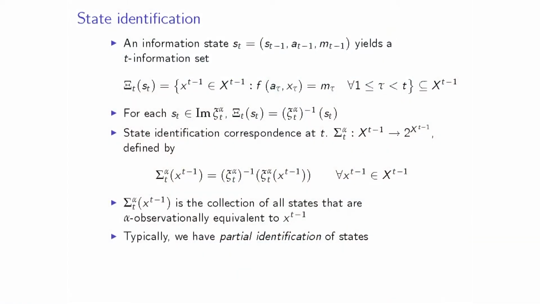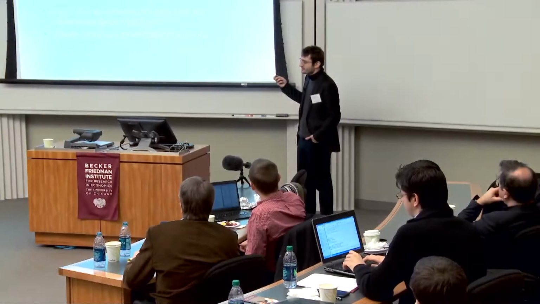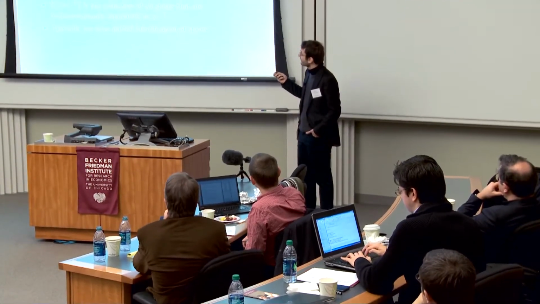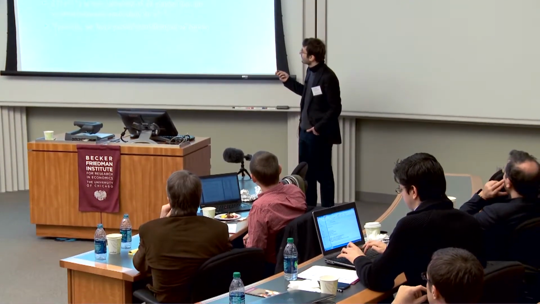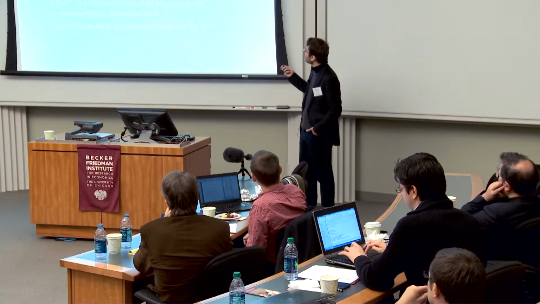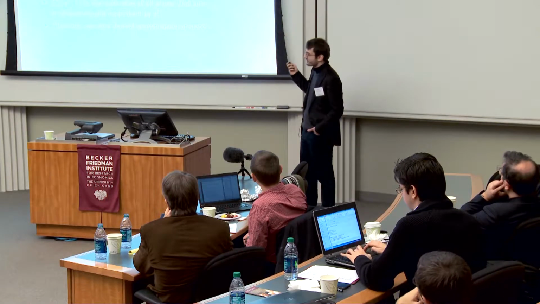An information state, notice, yields a particular t information set. What does it mean? If I'm told that S_t realized, that is, given my action, I'm the decision maker, and given the message, and I'm told also the messages that I received, then I can infer that the histories that are plausible with this particular information state are just the ones lying in this set.